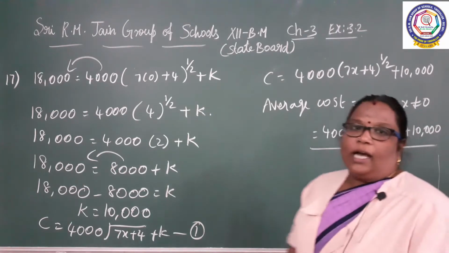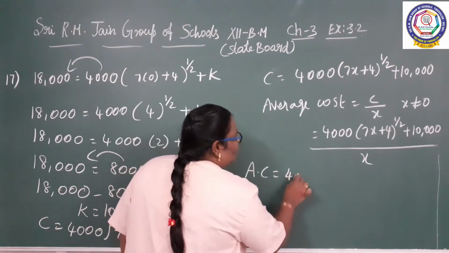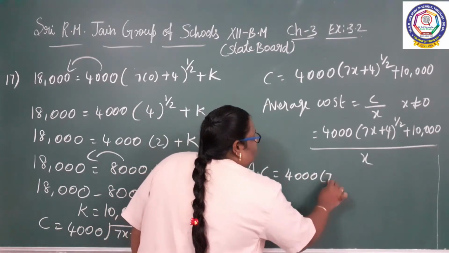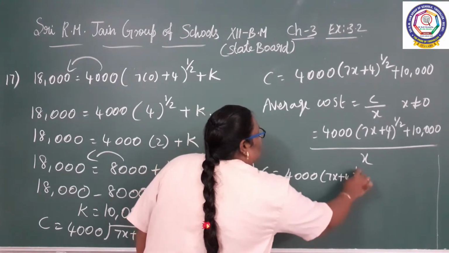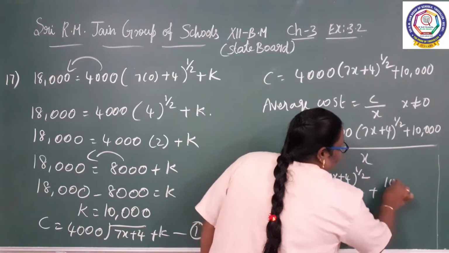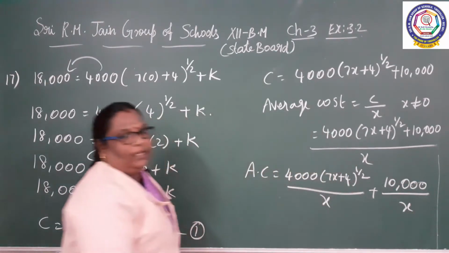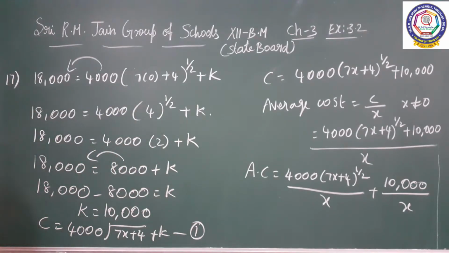So average cost equal to 4,000 into (7x plus 4) whole power 1 by 2 by x plus 10,000 by x, where x not equal to 0.